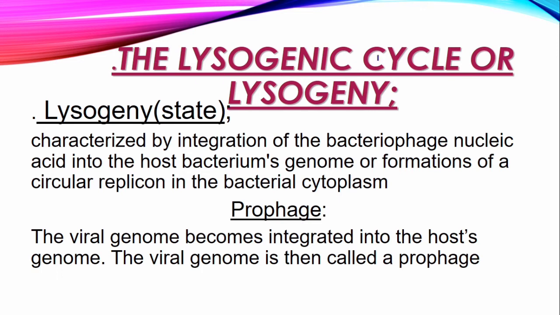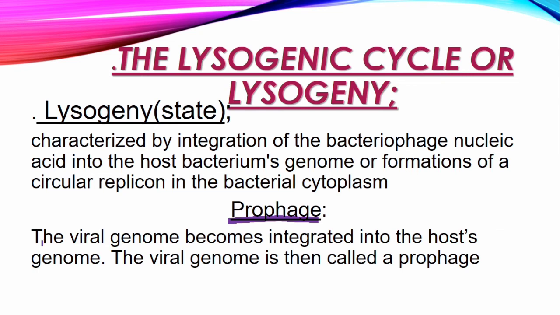The lysogenic cycle or lysogeny. The lysogeny state is characterized by integration of the bacteriophage nucleic acid into the host bacterium's genome or formation of a circular replicon in the bacterial cytoplasm. Prophage: what is prophage?